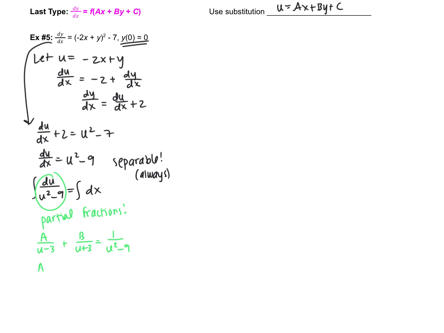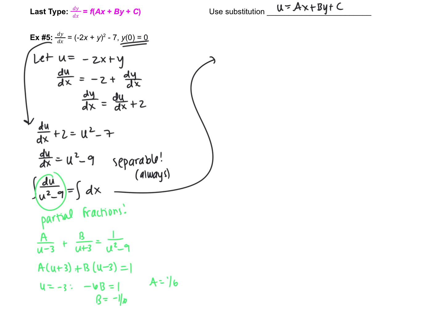So I have A multiplied by (u + 3), + B multiplied by (u - 3) is equal to 1. At this point, you can solve the system. You can choose convenient values, whatever you prefer. So if I choose u equals negative 3, I get negative 6B equals 1. So B equals negative 1/6. Similar idea, I'm going to get A equals positive 1/6.